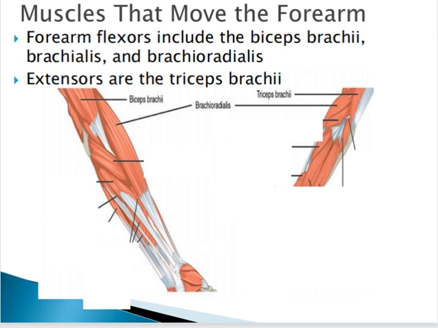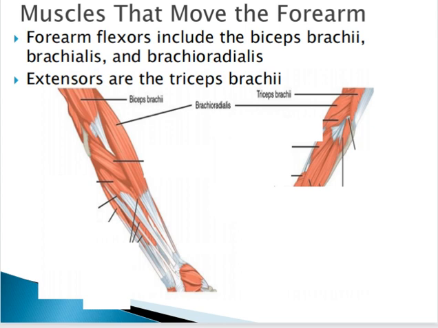The middle layer is only the flexor digitorum superficialis. The deep layer is the flexor pollicis longus on the radial side and the flexor digitorum profundus on the ulnar side, and the deep distal surface of both muscles is the pronator quadratus muscle.